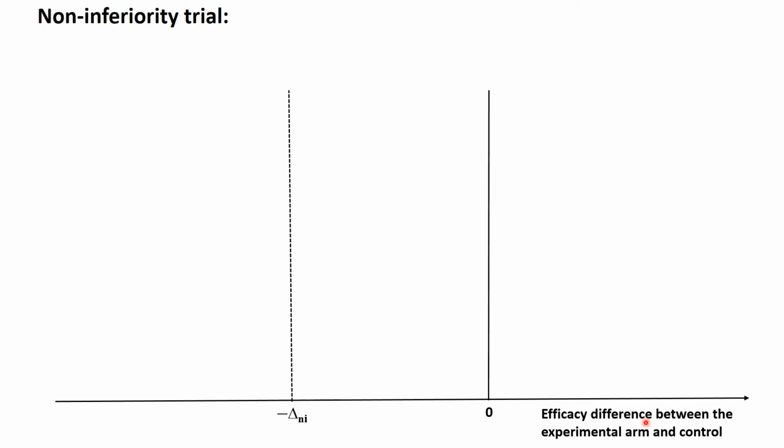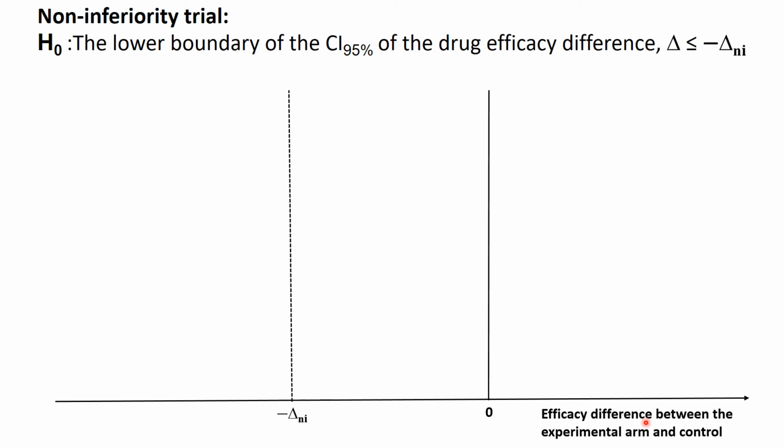As I said, the null hypothesis would be that the lower class boundary of the 95% confidence interval of the drug efficacy difference should be what? Less than or equal to minus non-inferiority threshold.